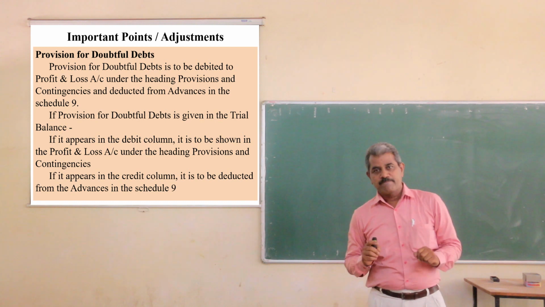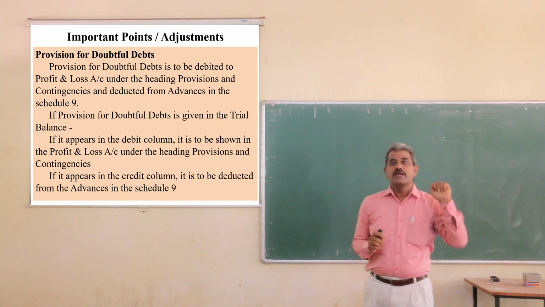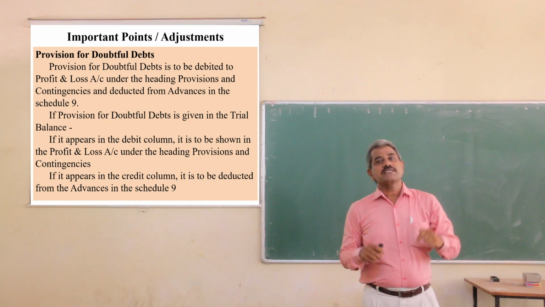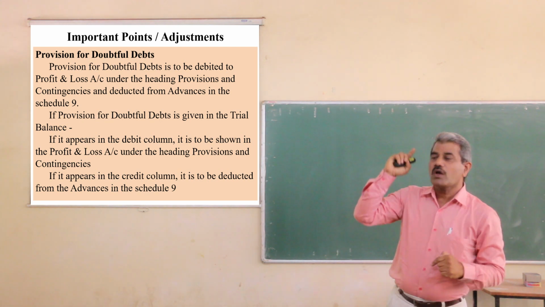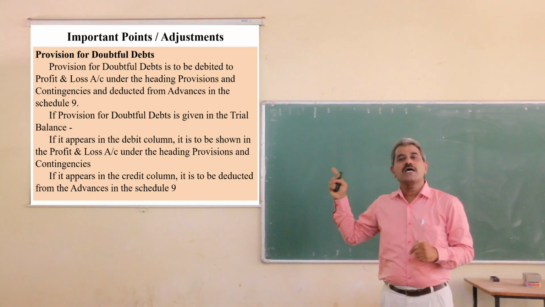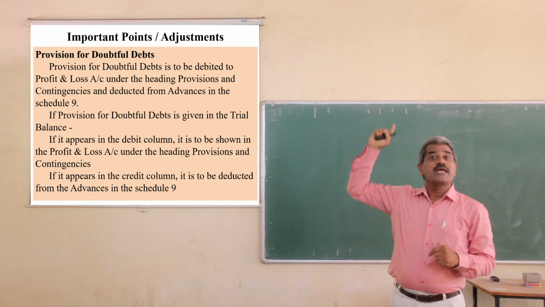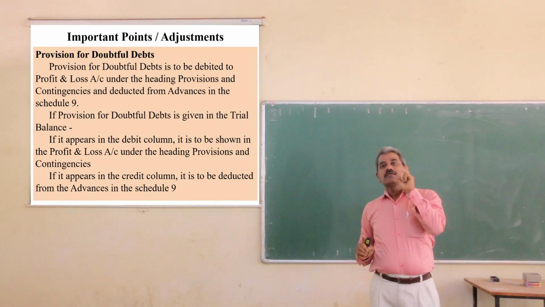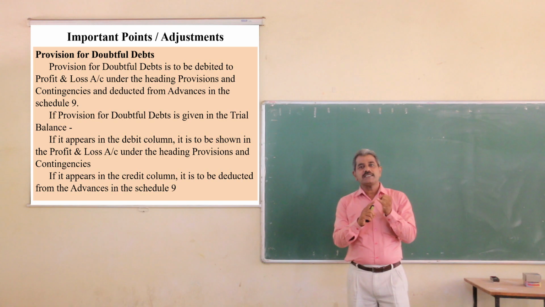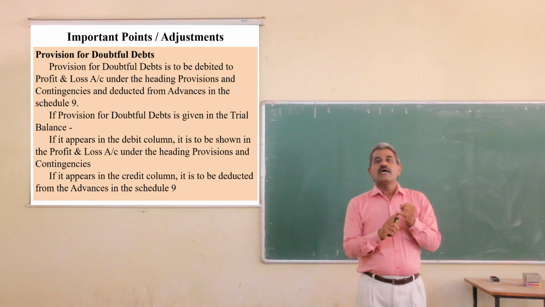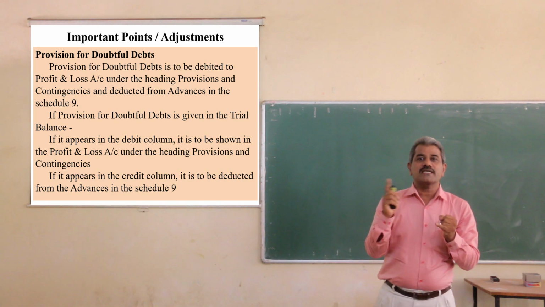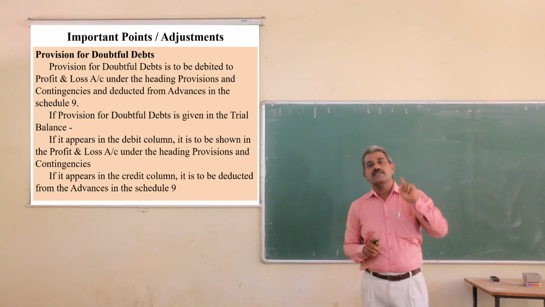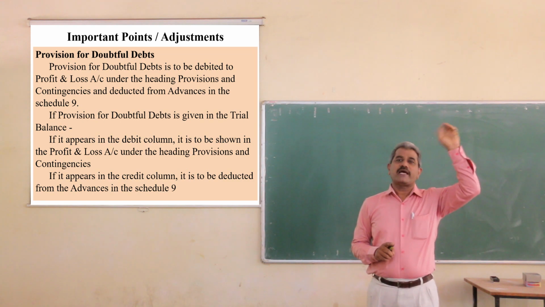The first effect is, it is shown under the heading provisions and contingencies in the profit and loss account, and it is deducted from the loans and advances in schedule number 9, advances. Okay? See again two effects. One is, in the profit and loss account, it is shown under the heading provisions and contingencies, and second is, it is deducted from the loans and advances in the schedule number 9.